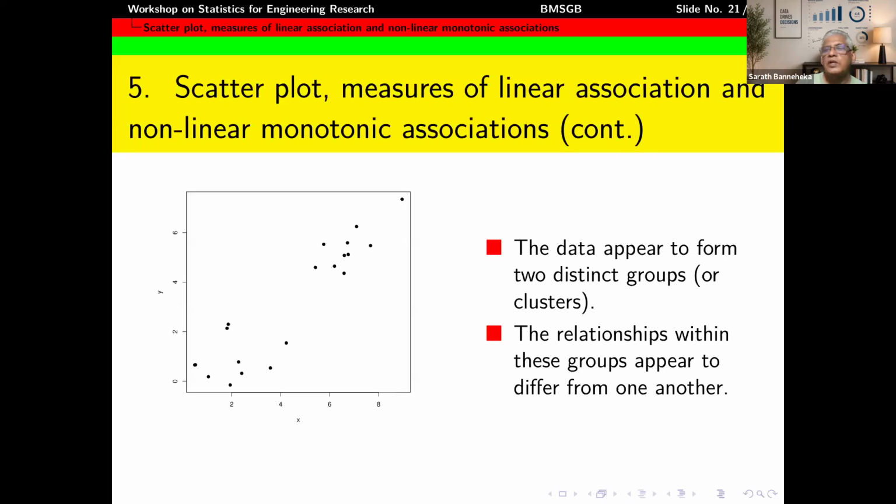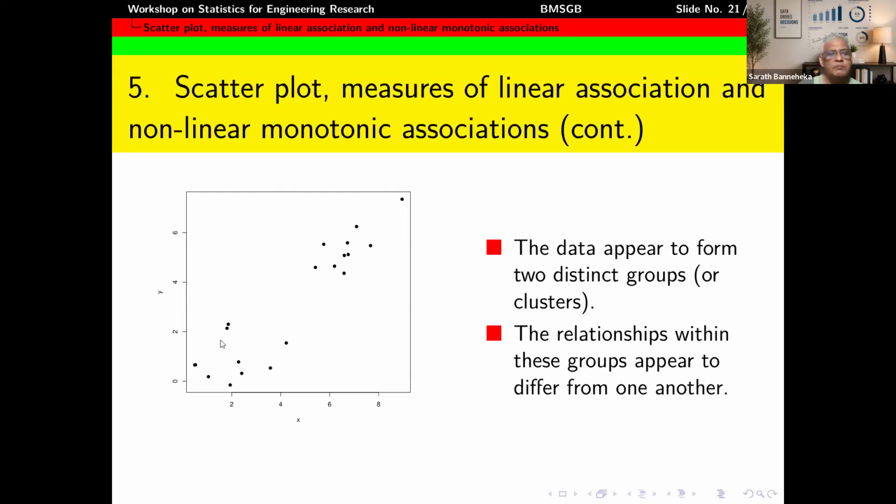Right. Now, there are some other situations you have to be careful about when you are interpreting R. This is a situation like that. Suppose your scatter plot is something like this. You can see that clearly there are two groups here.